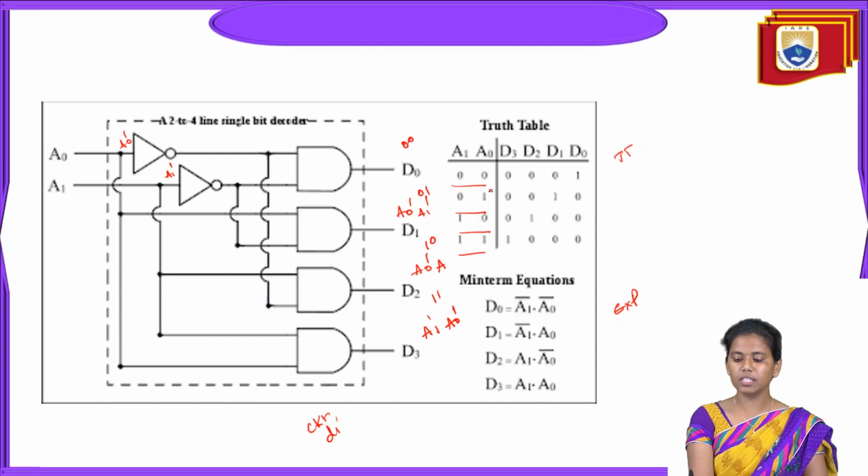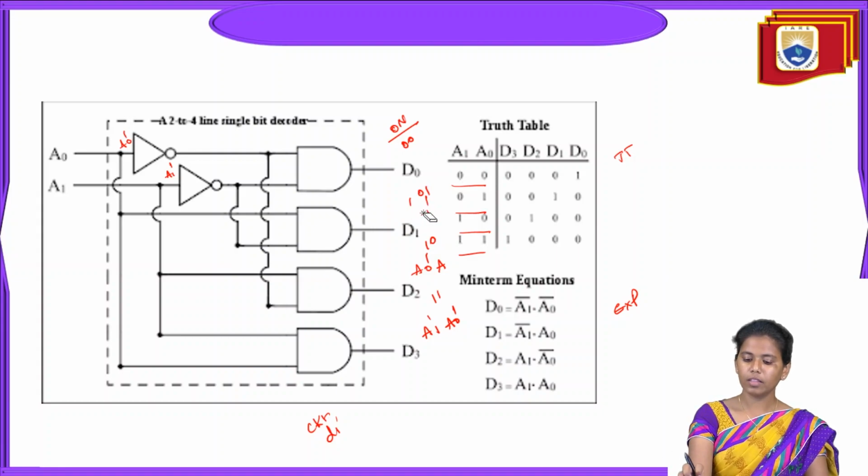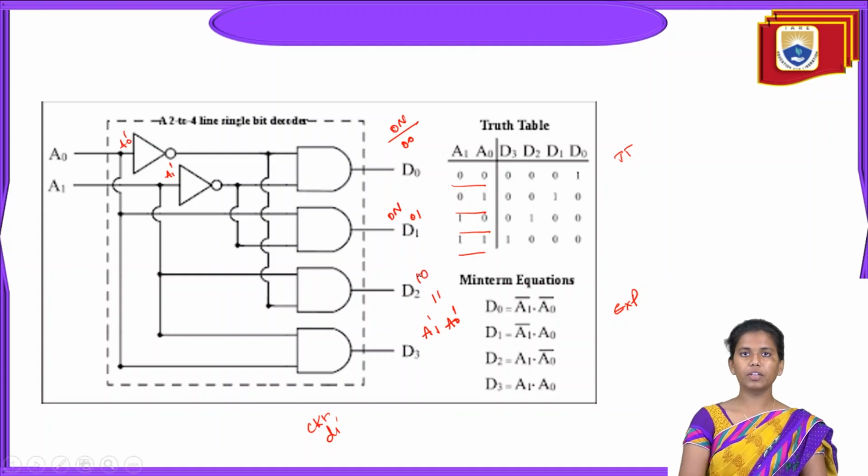So when the condition is 0 0, D0 will be in the on condition, right? When the condition is 0 1, then D1 will be in the on condition. If my inputs are 1 0, then D2 will be in the on condition.